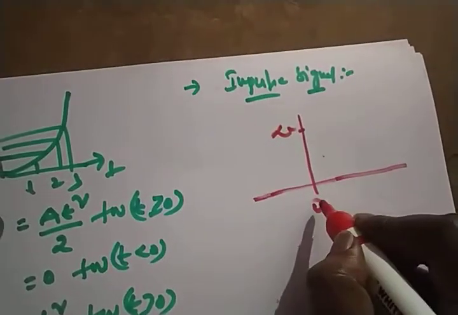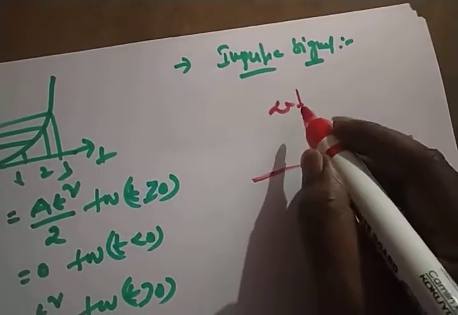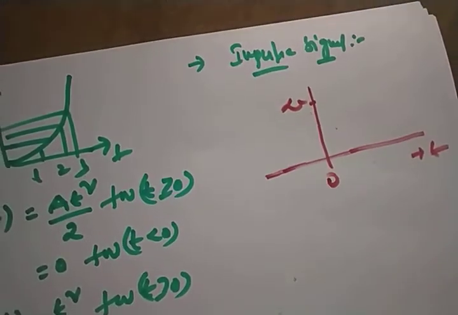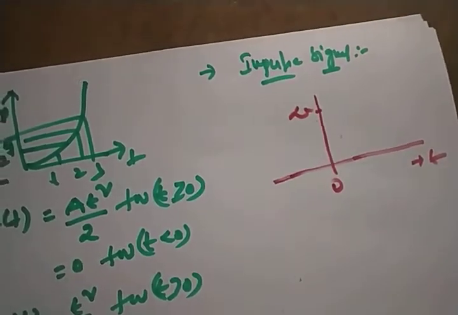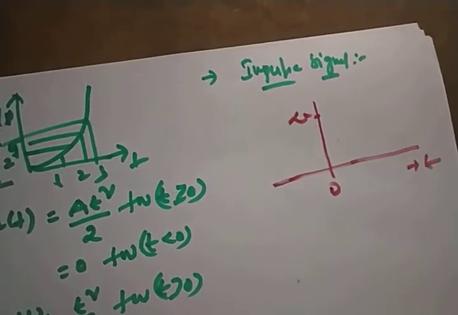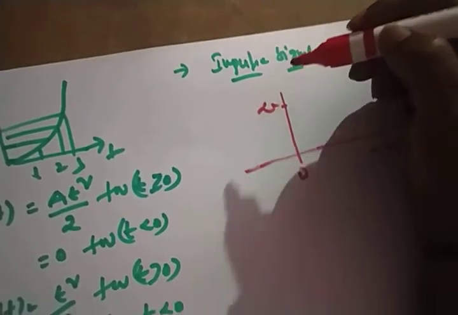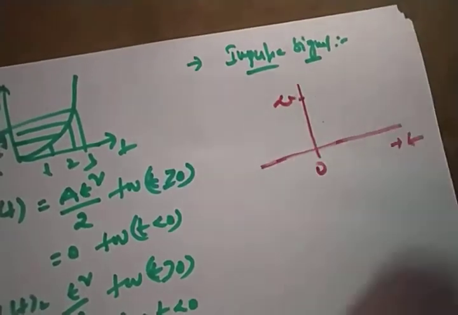That means at time t = 0 you have an infinite magnitude. After that you don't have any response. Is it possible? Definitely not possible. So that's why it's very difficult to generate these types of waveforms in our laboratory.